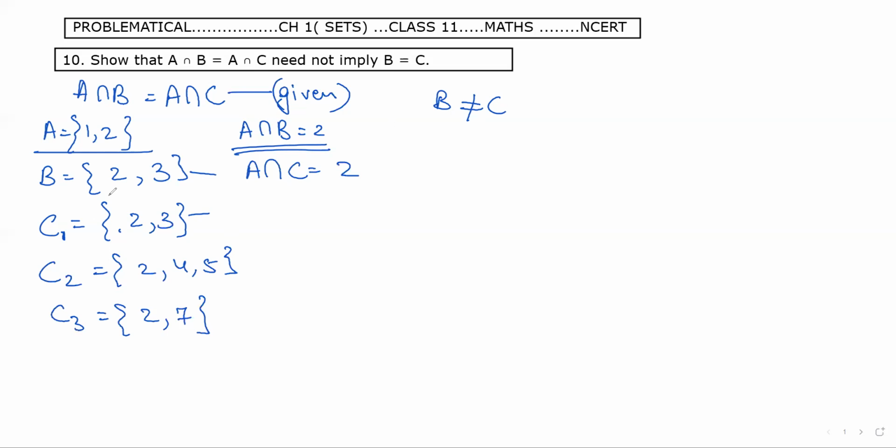It satisfies the given condition A intersection B is equal to A intersection C, but at the same time B is equal to C. If you consider C as C2 or C3, you have {2, 4, 5} in C2 and {2, 3} in B. So C2 is not equal to B, and C3, also {2, 7}, is not equal to B, {2, 3}. So this is the condition that you use. One condition where C was equal to B, that is C1, and other conditions where C is not equal to B.